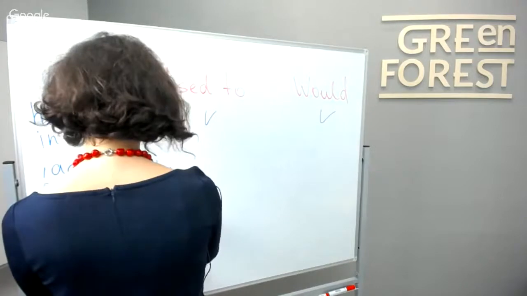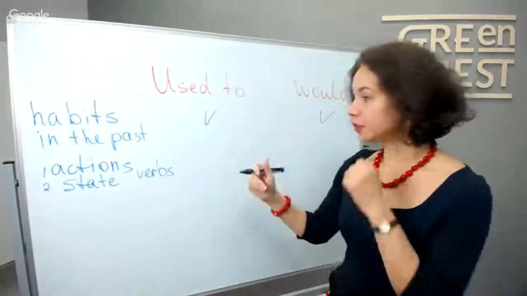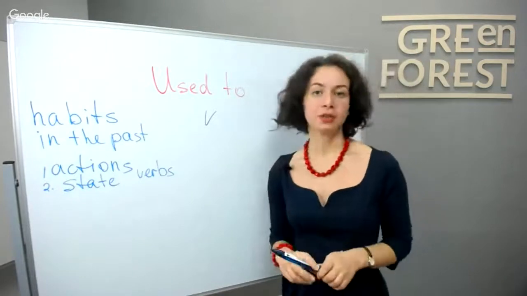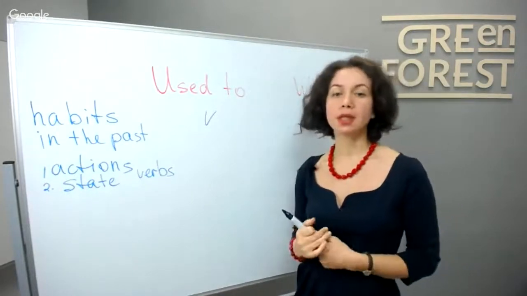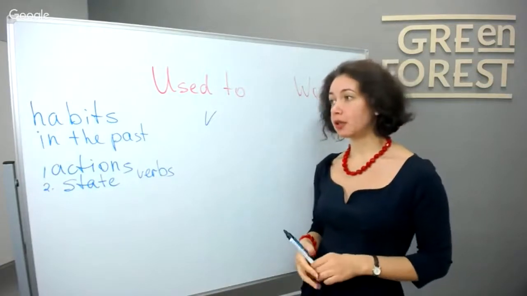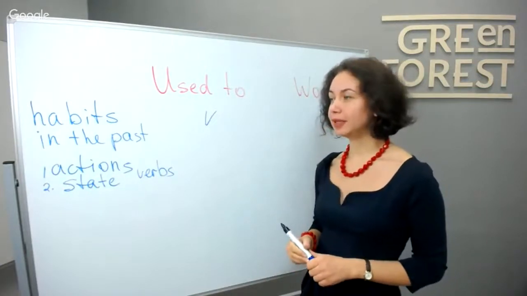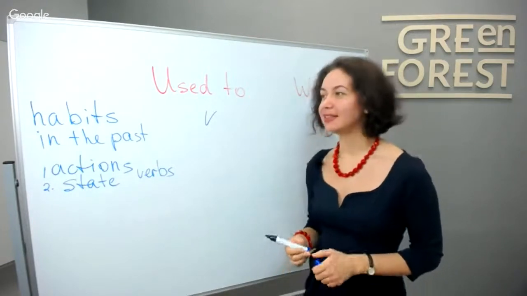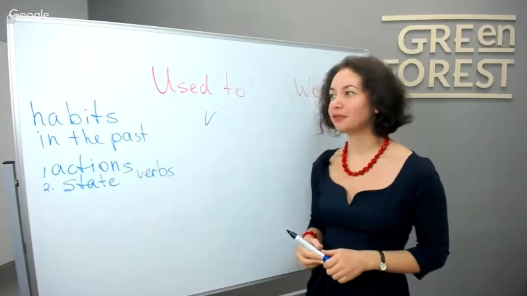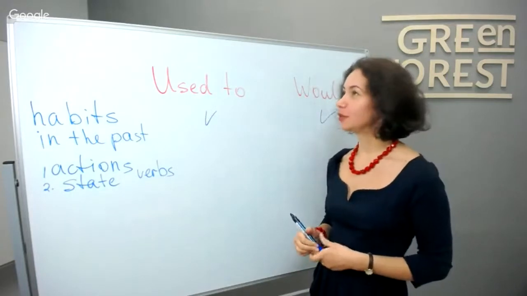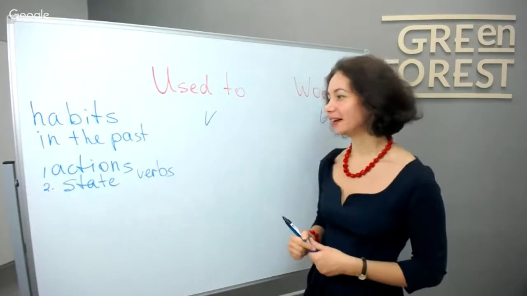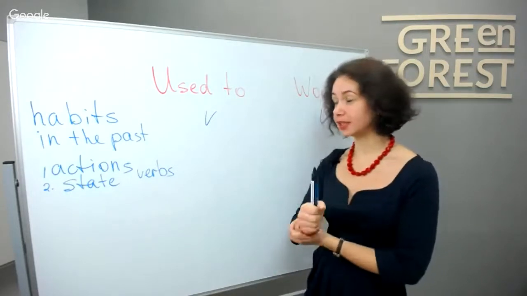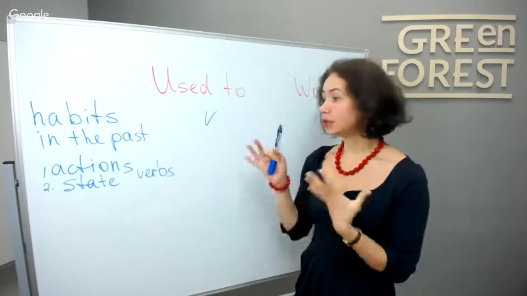State verbs are non-continuous verbs, the verbs that cannot be used in continuous forms, such as love, belong, believe, have, think, some senses like hear or see or feel, also thoughts, like believe and think, and others. So these are state verbs. They are not used in continuous tenses. What to do with them?